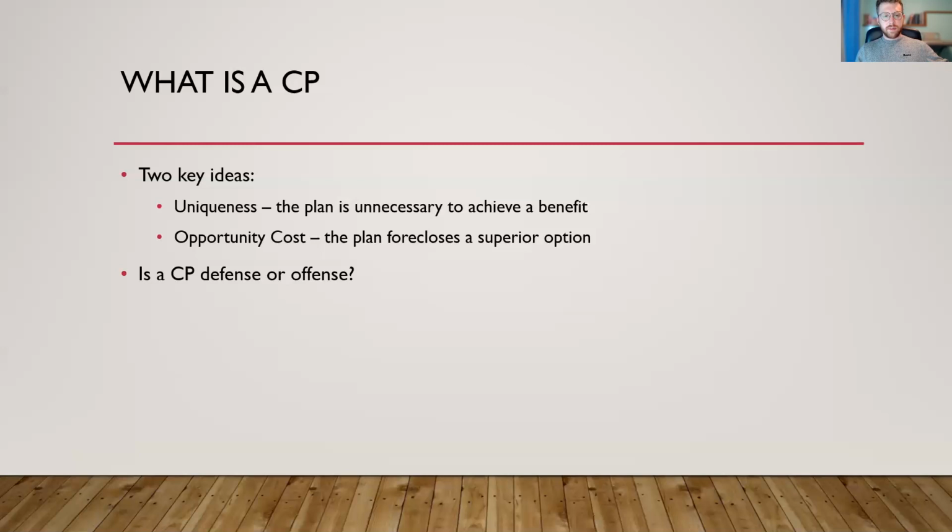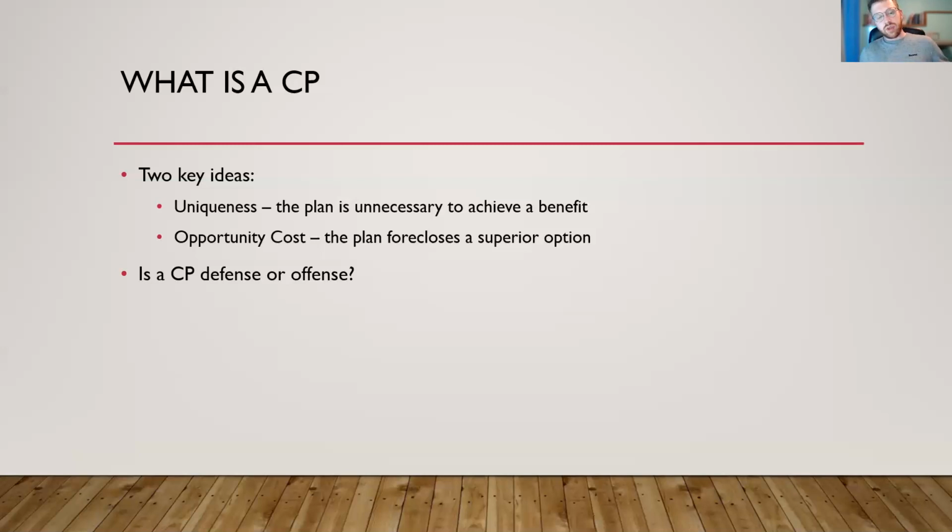The question is, where does the offense come from? Does the offense come from the plan giving up the ability to do something better? Or does the offense come from the plan being bad or causing something bad? If the plan causes something bad, that's a disad.